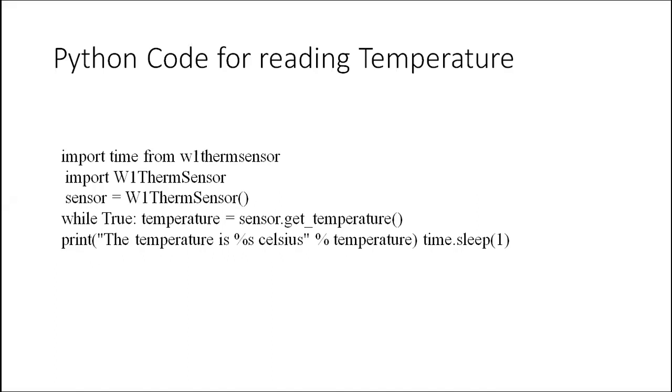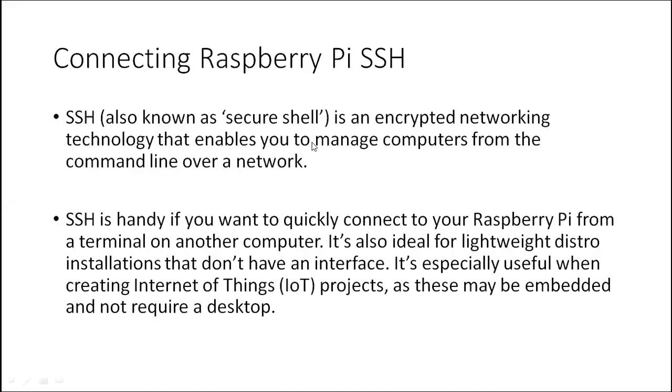So what we can do is connect your temperature sensor by using some other wireless protocol, or else through remote access by using SSH we can read the temperature. Anything is fine. Next we'll see how to remotely access your Raspberry Pi by using secure shell.